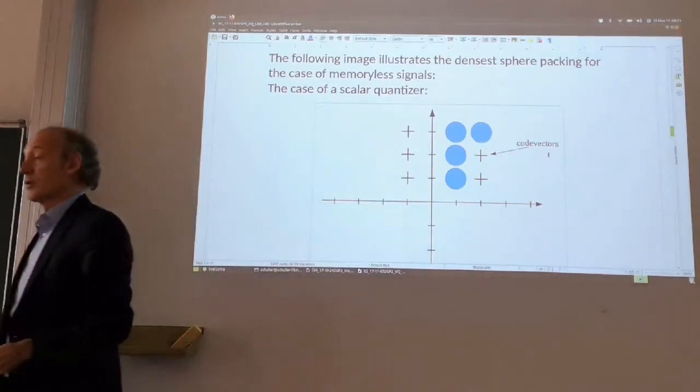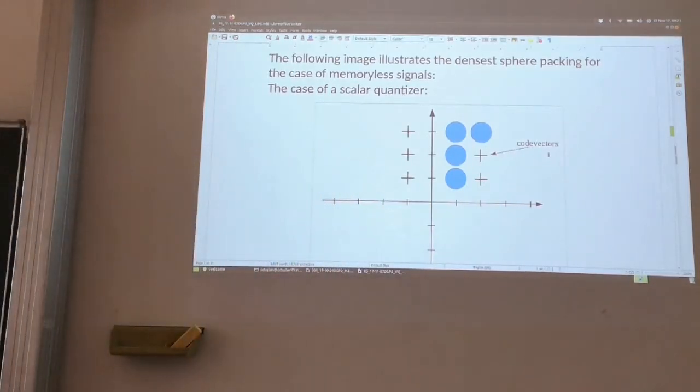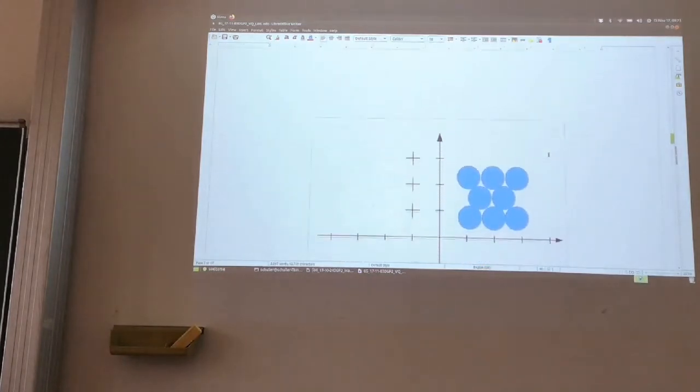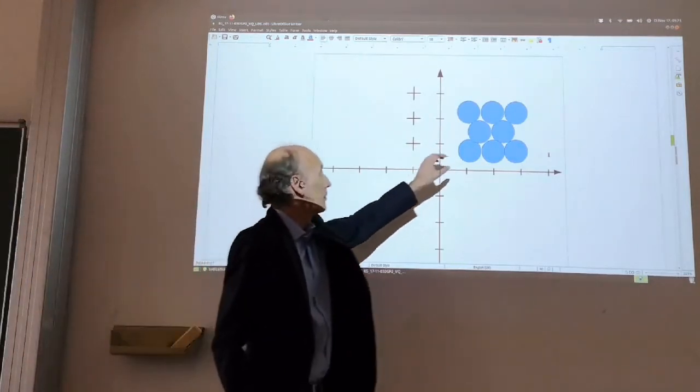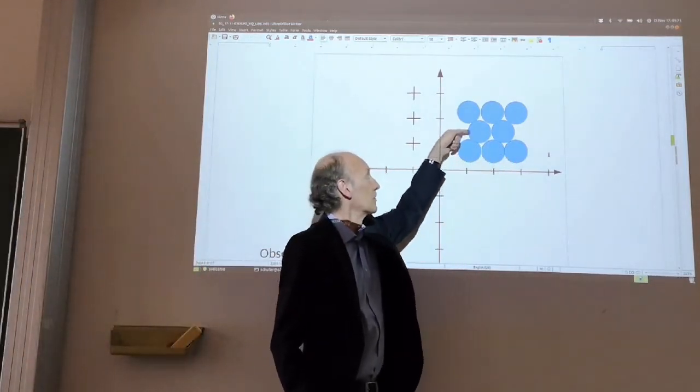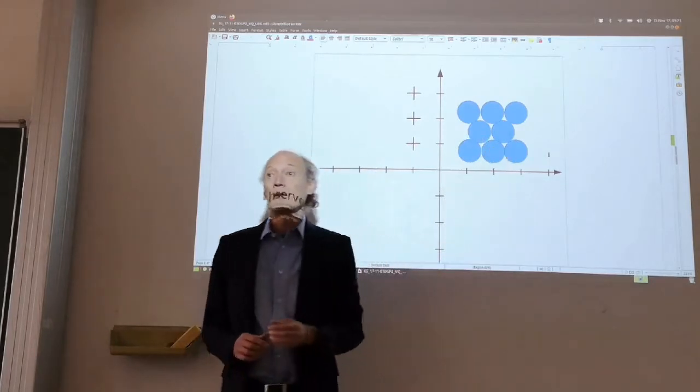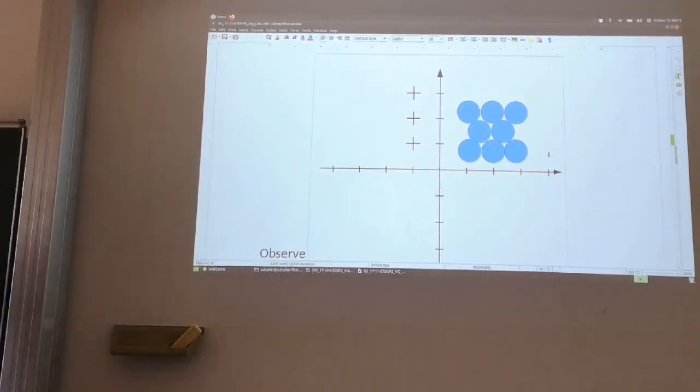It's the same for each axis, it's uniform for each axis. But now if you go to the 2D case, you can pack those circles closer together such that the next layer is in the gaps of the previous layers. And this way you have finer quantization.